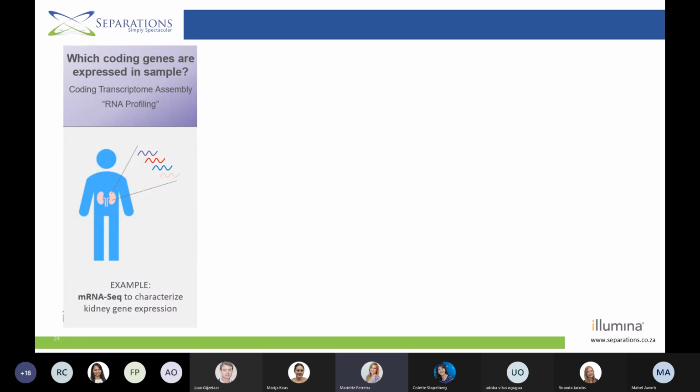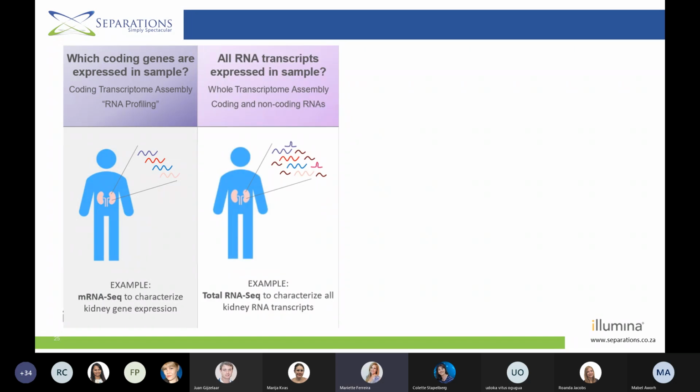So you might ask different research questions, and for these questions you would choose a specific kit for your application. You might ask which coding genes are expressed in the sample. Therefore, we would look only at the coding transcriptome assembly, and we would do something like mRNA sequencing, the messenger RNA.